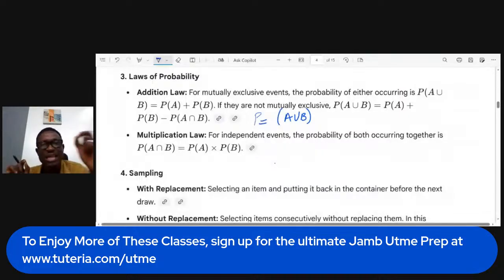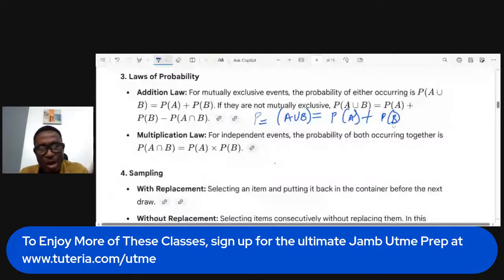In probability, any question you see and you see probability that this event will occur or this event will occur, meaning you have the two events together, and this is it. P of A union B equals P of A plus P of B, meaning probability that A or B will occur will give us probability that A will occur plus probability that B will occur.